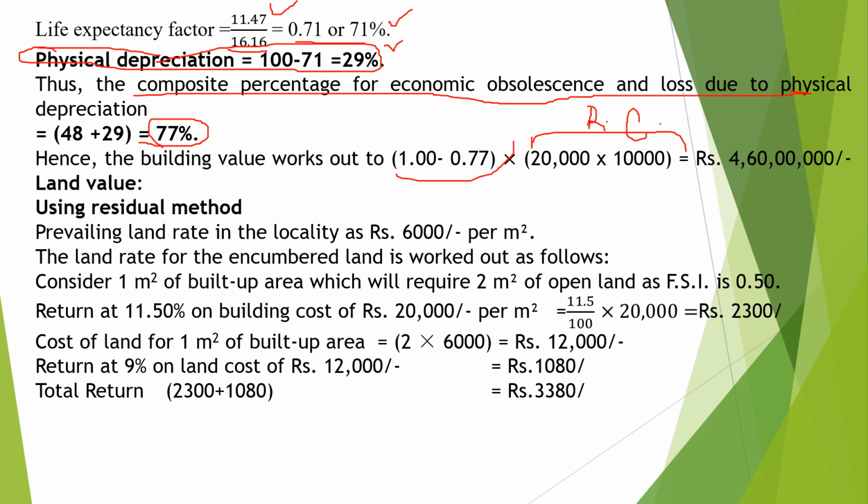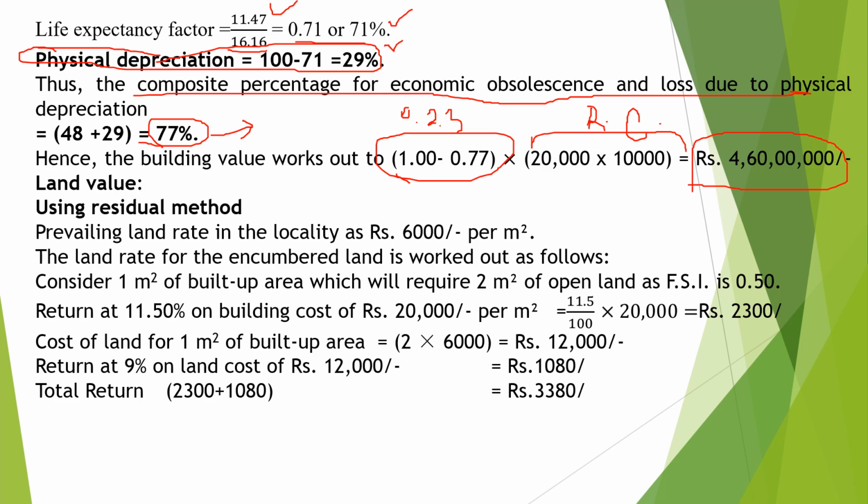Multiply it with the depreciation factor, which is 1 minus 0.77, that is 0.23, into the replacement cost. That gives you the depreciated replacement cost of the building, which comes out to be 4 crore 60 lakh.